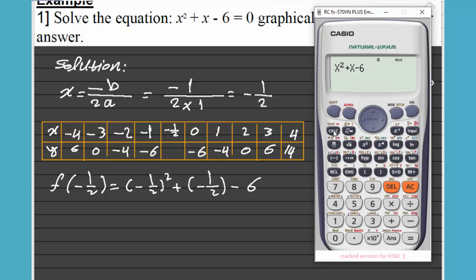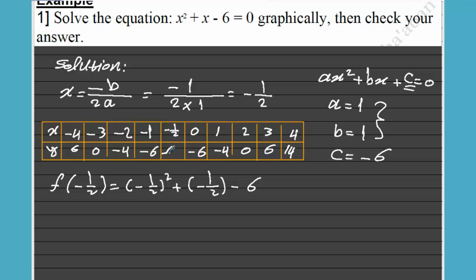Now calculate for x equals negative 1 over 2. The result equals negative 25 over 4, which equals negative 6.25.